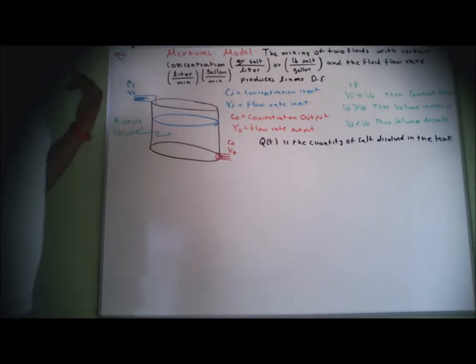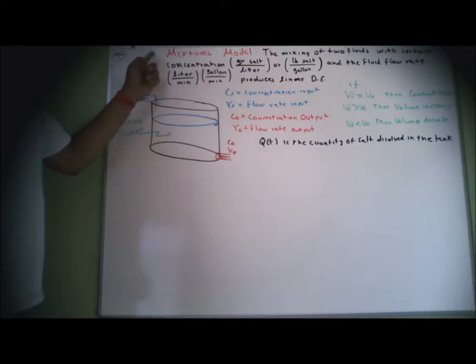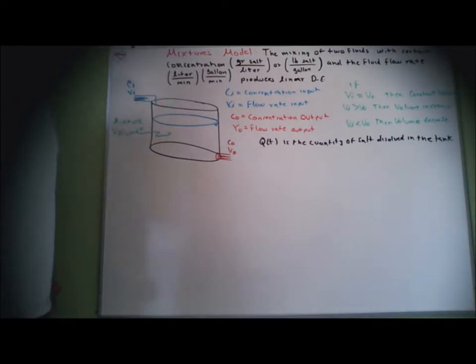The flow rate is measured in liters per minute. It could be liters per second or liters per hour, but in the end it's just the volume divided by the time. Liters per minute is the metric system, and gallons per minute is the English system. The combination of these two actually produces a linear differential equation.